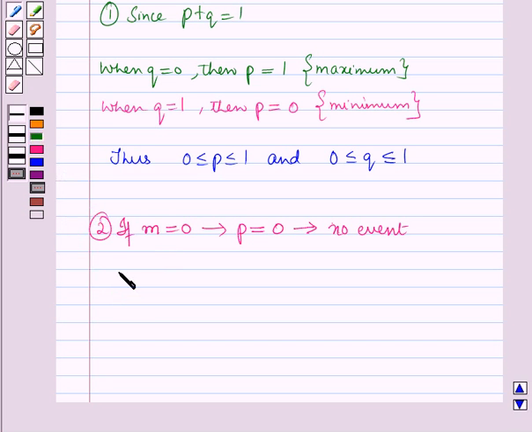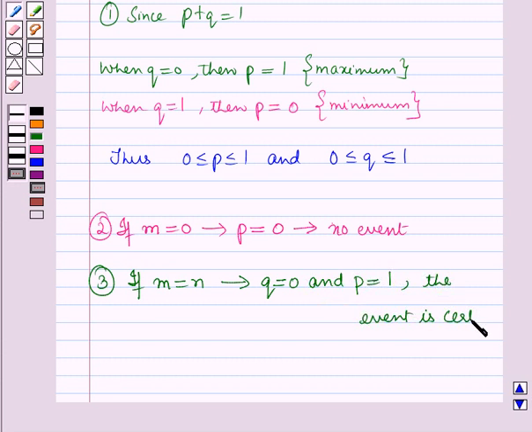Now let us discuss the next result, which is if m is equal to n, that is, if the number of favorable outcomes is equal to the total number of outcomes, then Q is equal to 0, that is, the probability of failure of an event is 0 and the probability of happening of an event is 1, and in that case the event is certain.